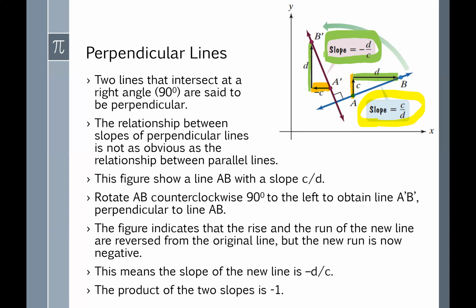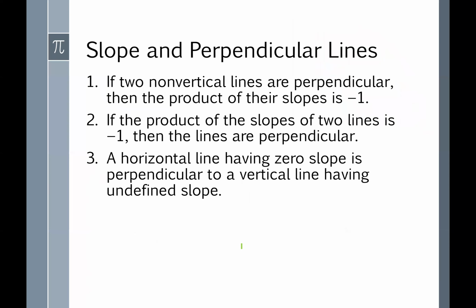Don't forget that you have to change the sign also. So if two non-vertical lines are perpendicular, then the product of their slopes is -1. If the product of the slopes of two lines is -1, then they are perpendicular. A horizontal line and a vertical line are perpendicular.